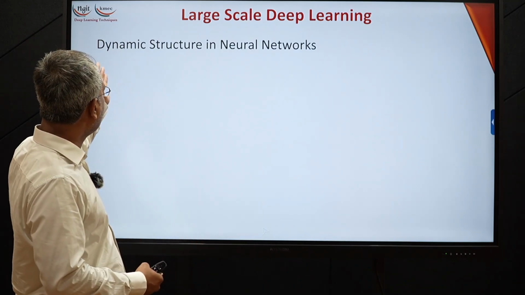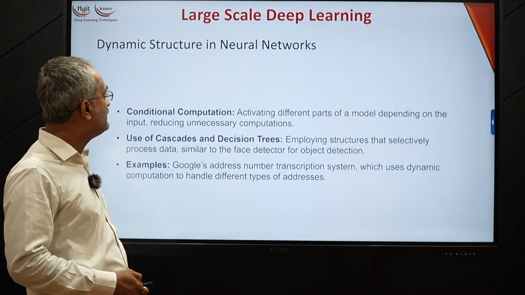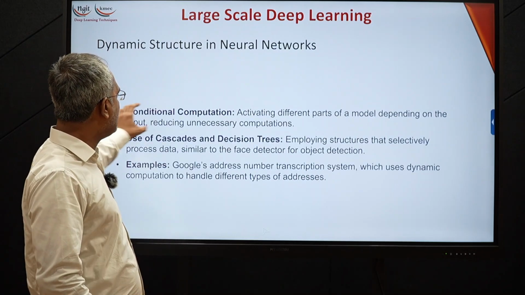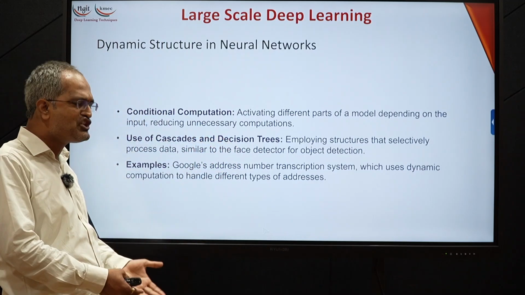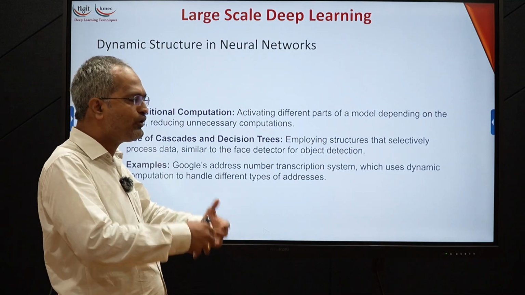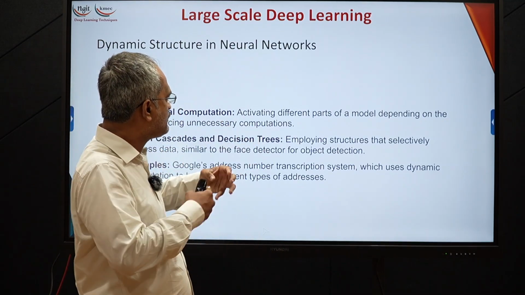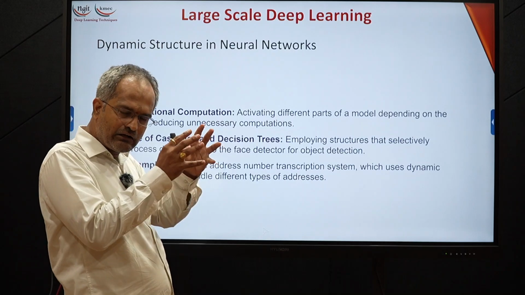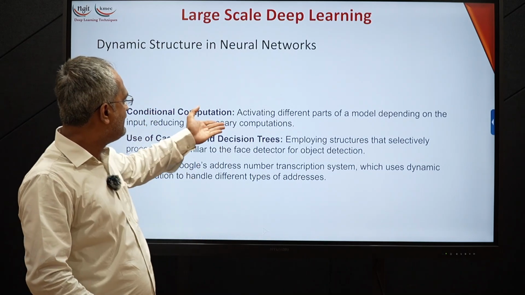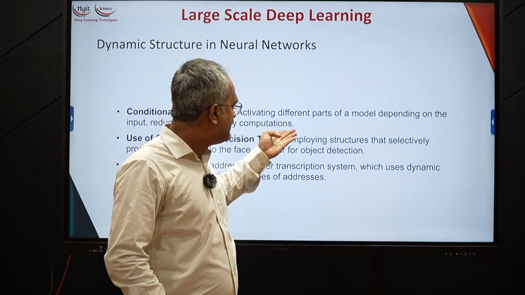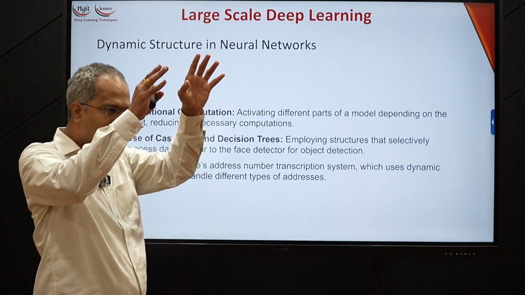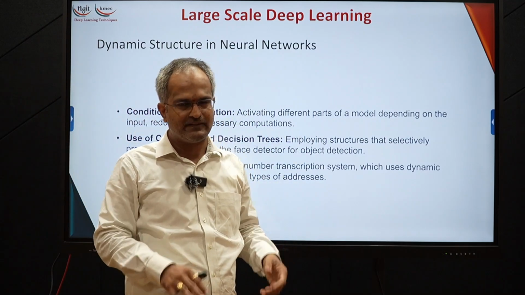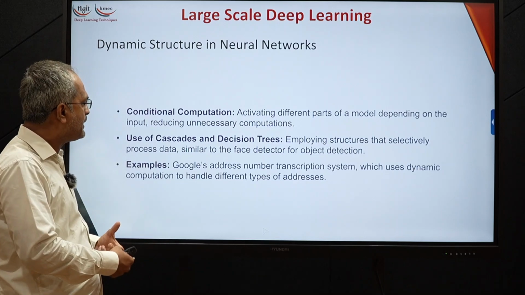That is by taking a dynamic structure in neural networks, that is conditional computation, meaning we will have some condition to execute a particular neuron or component. It activates different parts of the model depending upon the input, and reduces unnecessary computations.